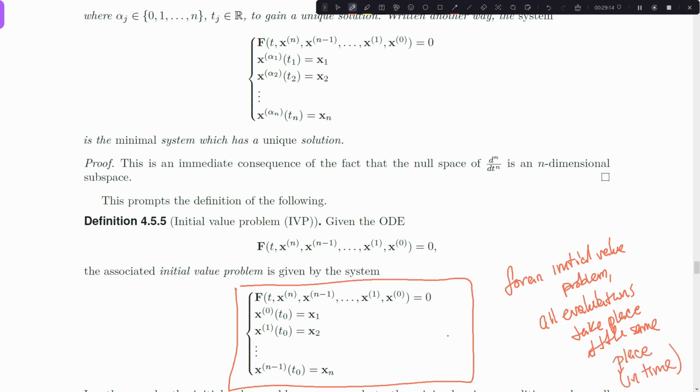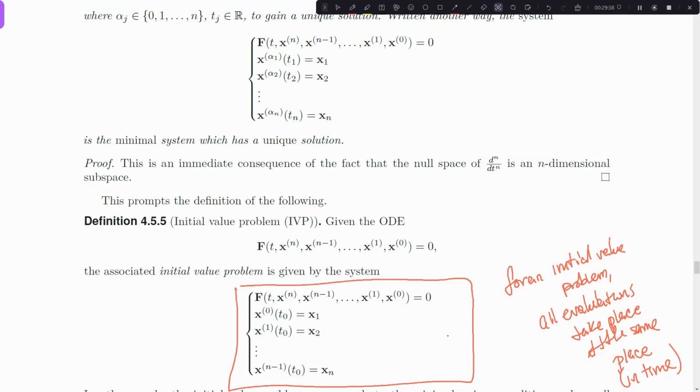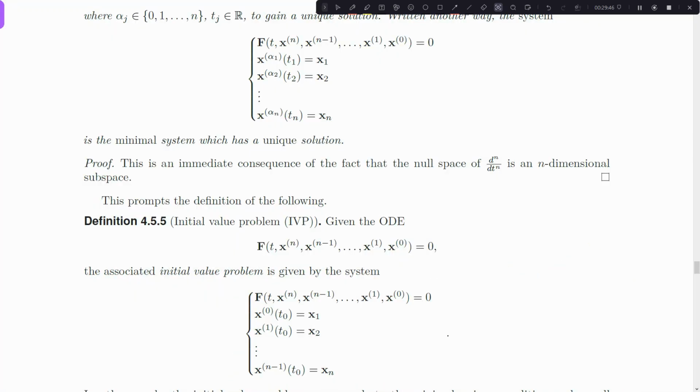Okay, the idea is that this thing is actually happening in time. So the same point in time is used for all evaluation conditions. So you can see every evaluation condition here happens at t0. That t0 is called the initial time, and each of these values, x1 through xn, which have been prescribed for us, are called the initial values. And so an initial value problem just says all evaluations take place at the same time.